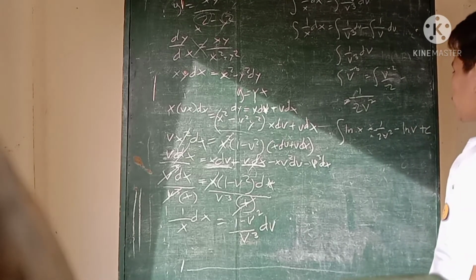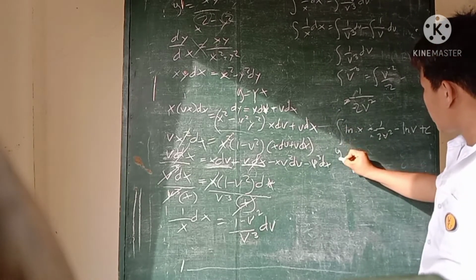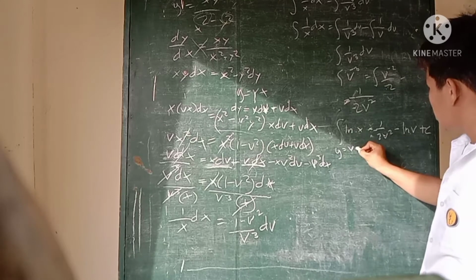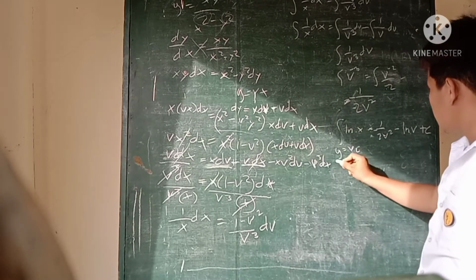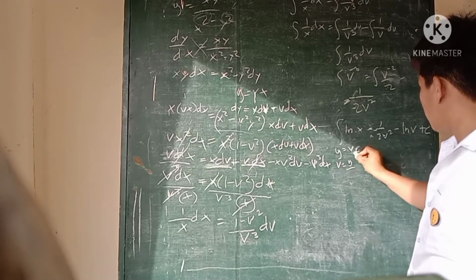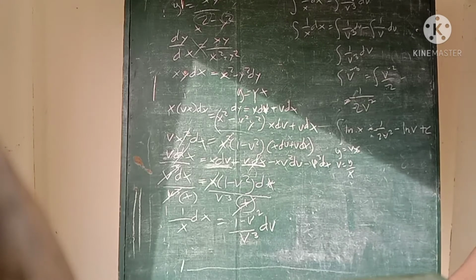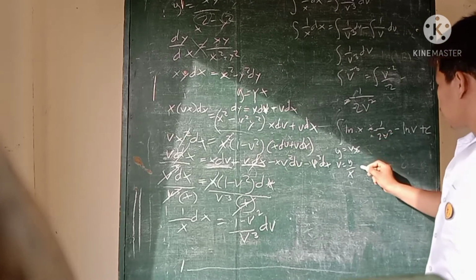Since y equals vx, v equals y over x. So we need to change the value of v.